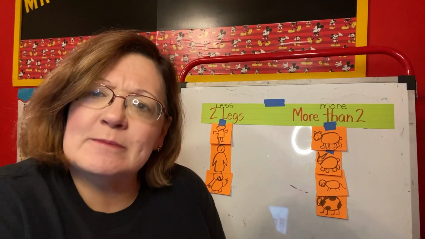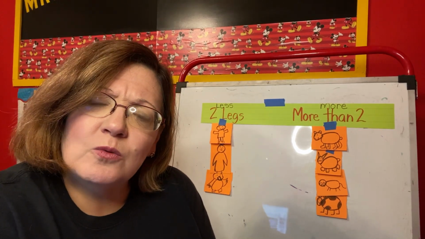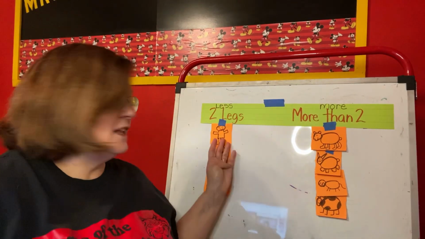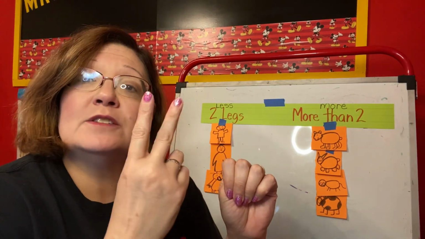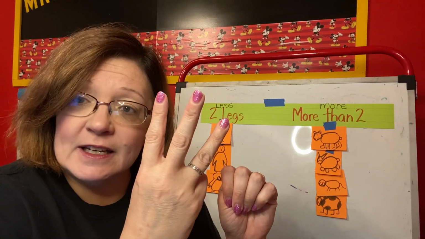Which side has more? So this one has 4 and this side has 3. Which number is bigger? Which one is more? 3 or 4? Do you know? Well, think about when we're counting. Think about a number line. 1, 2, 3, and then 4.